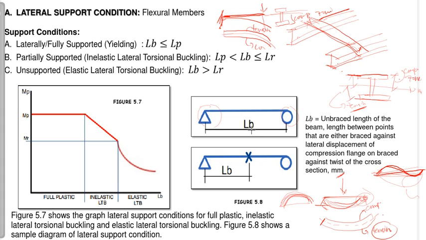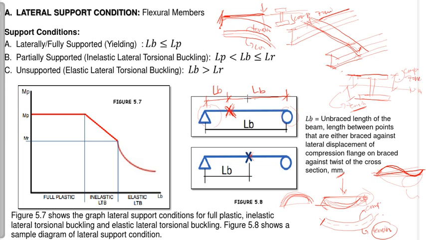Pagka naman meron tayong simply supported, tas naglagay tayo ng lateral support, for example, dito sa gitna, di ba? Ito na yung magiging Lb natin. Pag naglagay tayo ng support dito, ito yung Lb natin. This is also actually yung Lb. So, dalawa yung Lb natin. If you compare these two Lb, choose whichever is longer, since yung mas critical na Lb, yung mas mahaba.